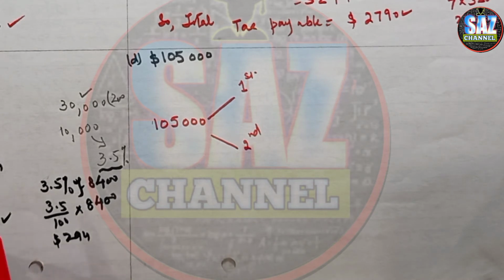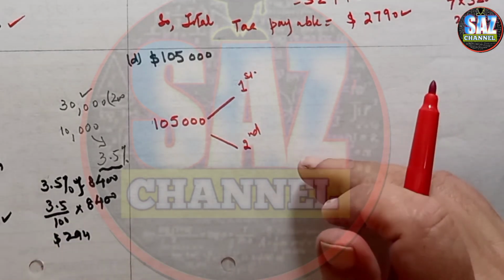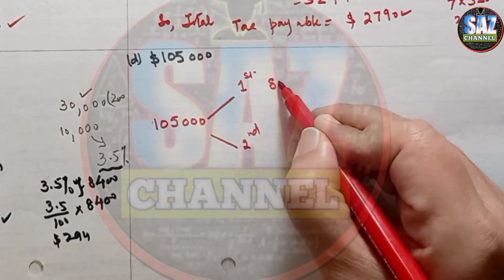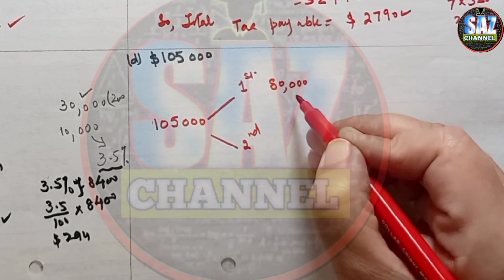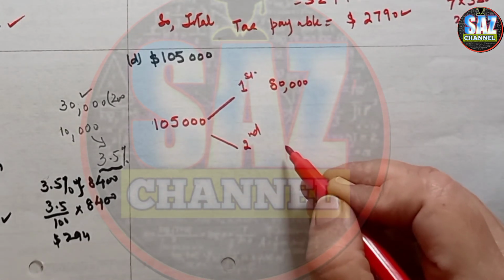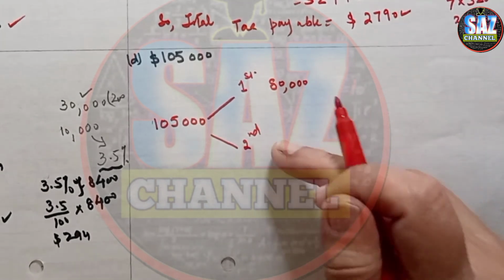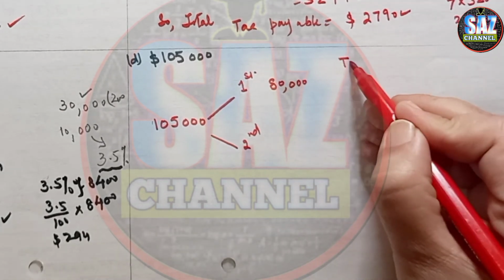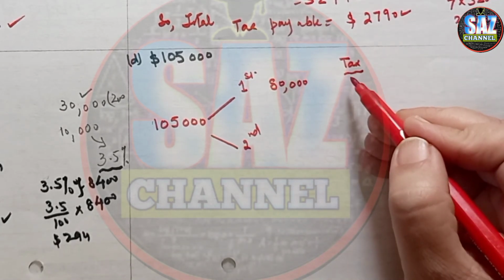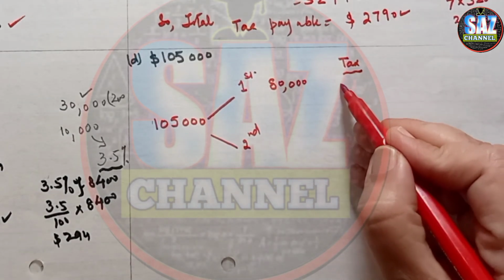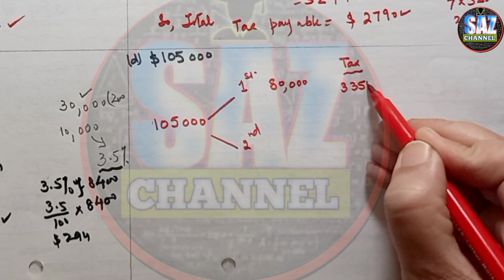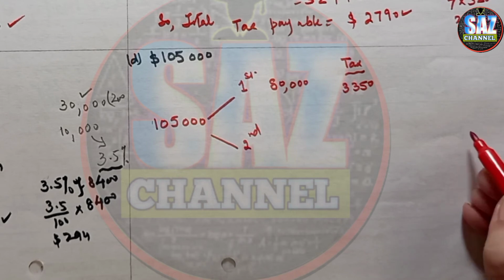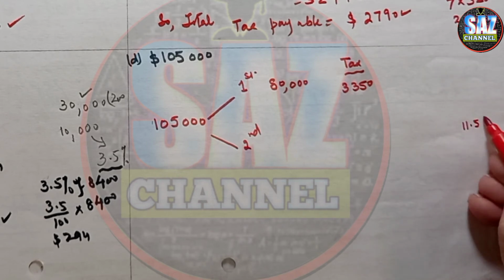For this amount the breakup is given that for the first 80,000, so I have to divide this amount in this form, and the second part will be what remains after taking away 80,000. On the first 80,000 the amount of tax that I have to pay, which is given in the table, is 3,350. Now on the second part I have to pay the tax with the percentage of 11.5%.